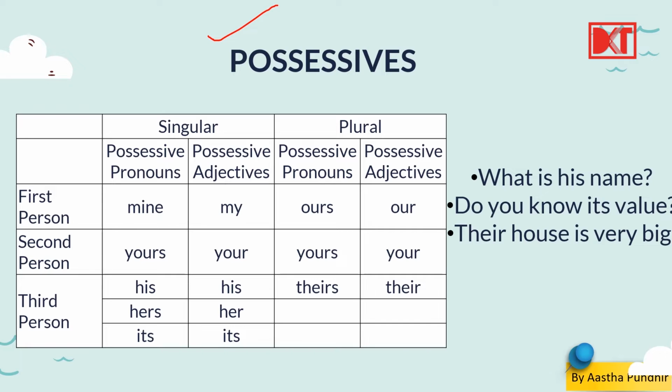First person plural, second person plural, third person plural. So again these possessives add possession to the meaning of the noun. Okay, like what is his name? Do you know its value? The house is very big. So their house. Okay, so these kind of possessives add meaning to the noun again by talking about its possession. All right.